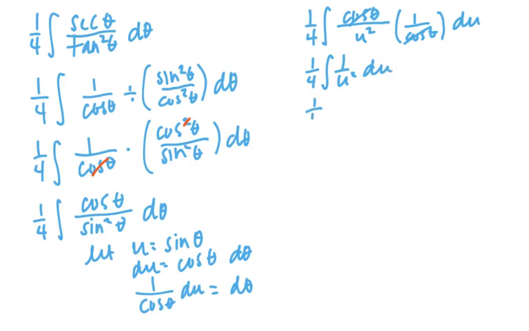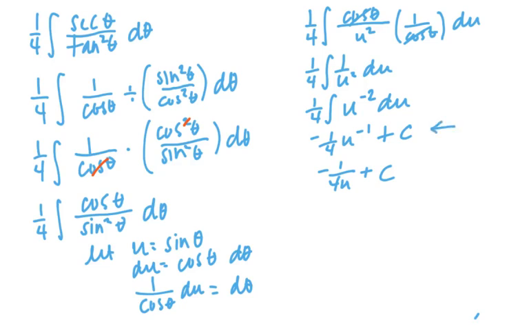Well, that gives us 1/4 the integral of u to the minus 2 du. Know that u to the minus 2 is easier to integrate than 1 over u squared. So when we integrate that, we have 1/4 u to the minus 1 over negative 1, which gives me the negative out front, plus c. So we have negative 1 over 4u plus c.